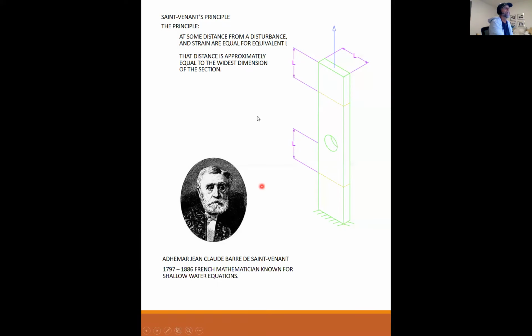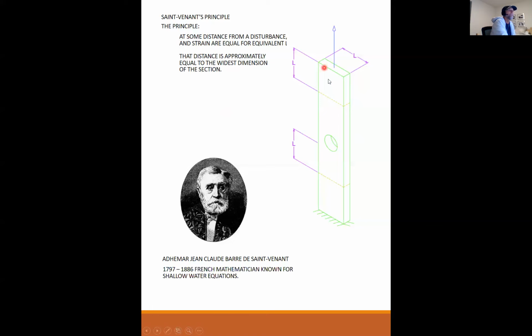That's who he was. The other thing that I did not actually put into the presentation, but the other point about St. Venant's principle is that if I had one point load, and let's just say this is 100 kips in one point load.